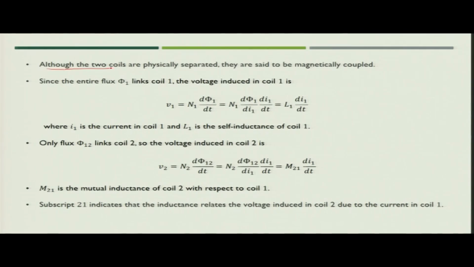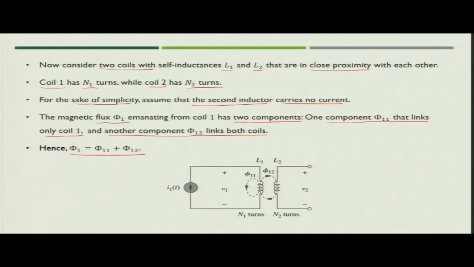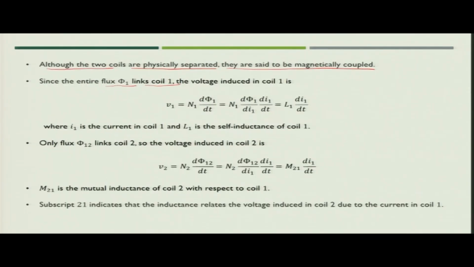Now, as we know, the two coils are physically separated, meaning they are not electrically connected. So, we can say that they are simply magnetically coupled. Since flux phi 1, that is phi 11 plus phi 12, is completely linking coil 1, what can we write?